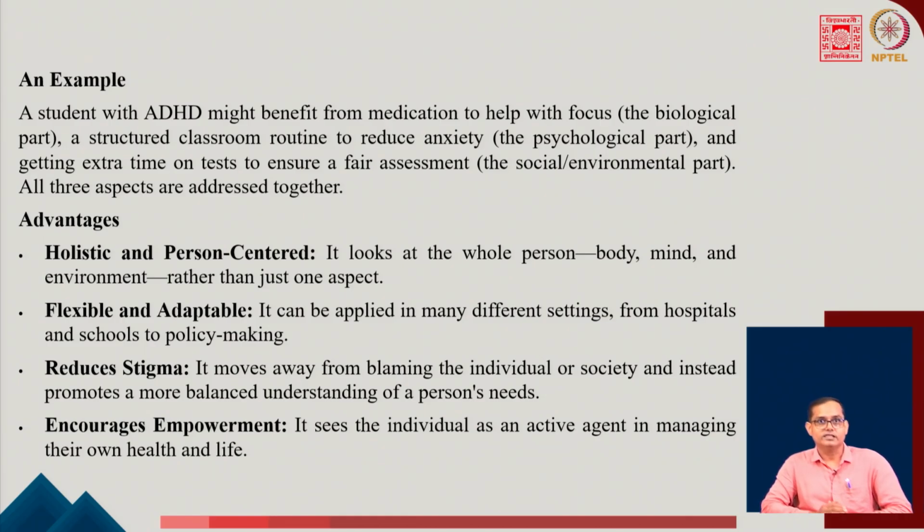It reduces stigma because it moves away from blaming the individual or society and instead promotes a more balanced understanding of a person's needs. It encourages empowerment because it sees individuals as active agents in managing their own health and life.